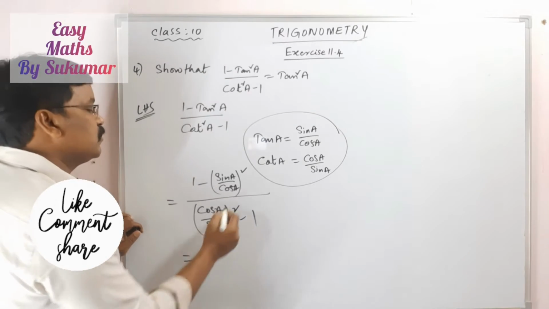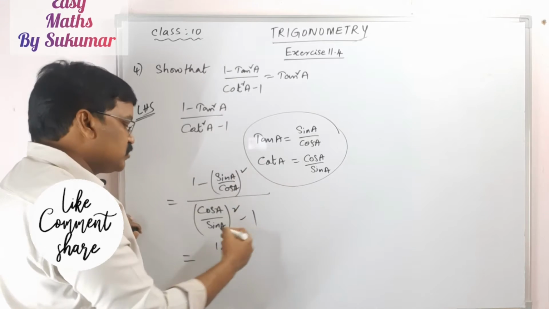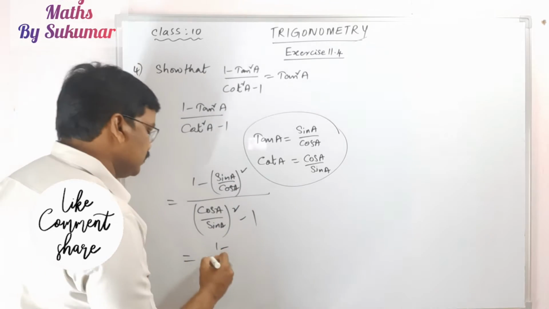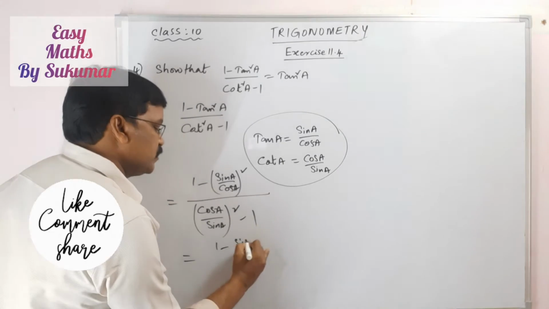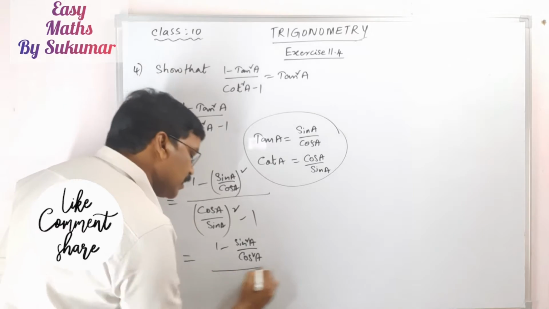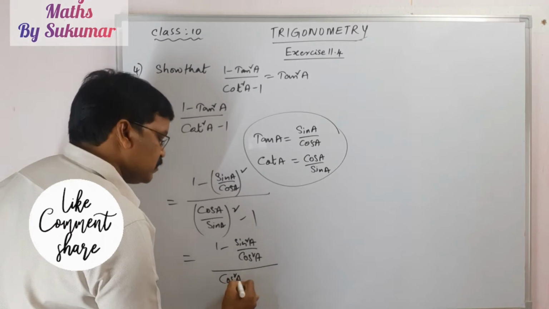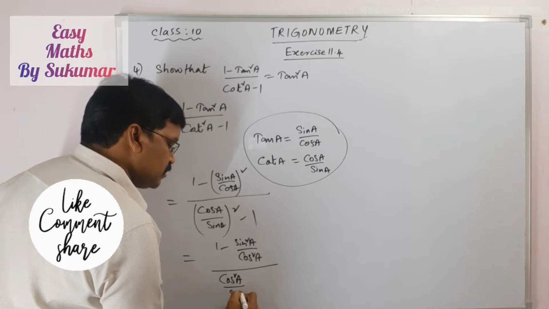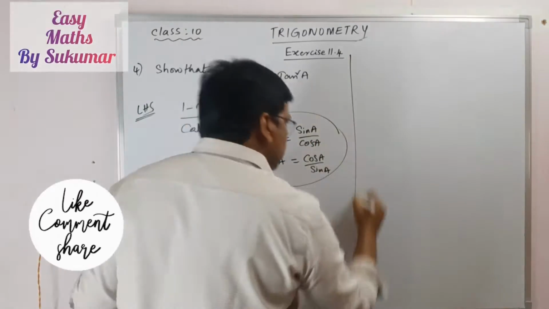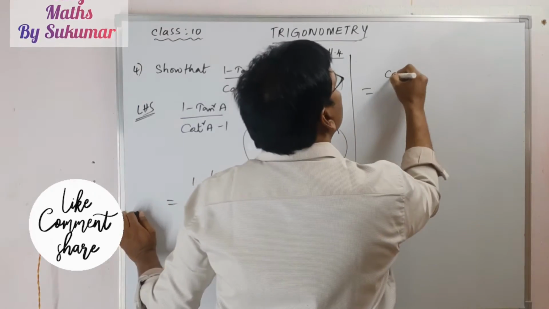So this is equal to, just look here, splitting this square to sin A, cos A, here cos A, sin A in numerator and denominator respectively. That means (1 minus sin square A by cos square A) by (cos square A by sin square A minus 1).